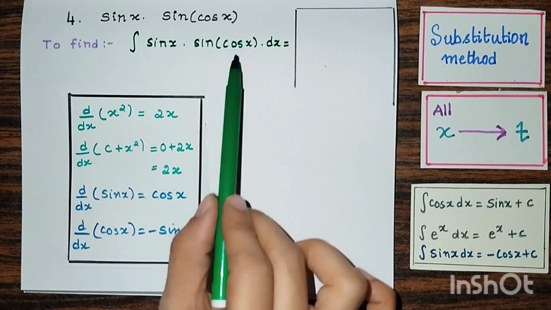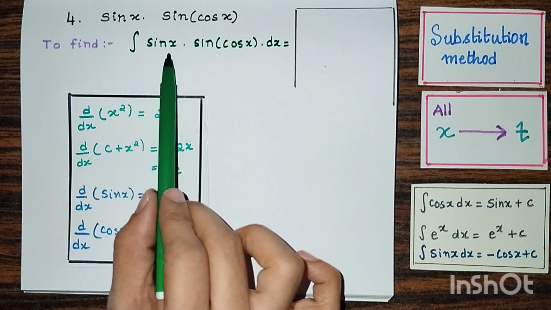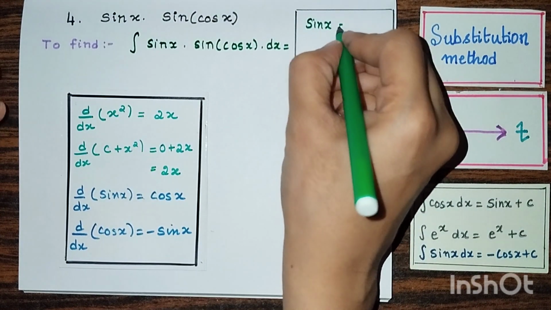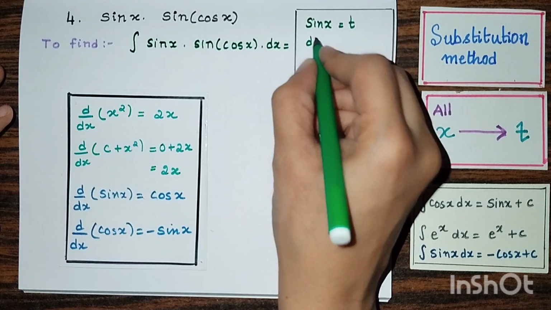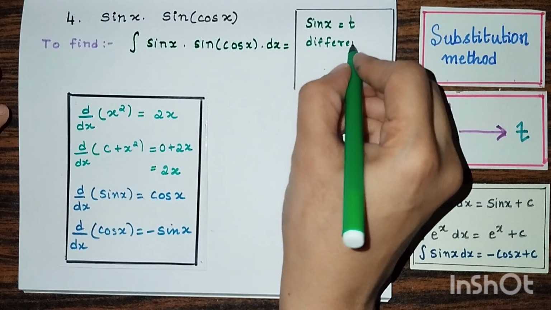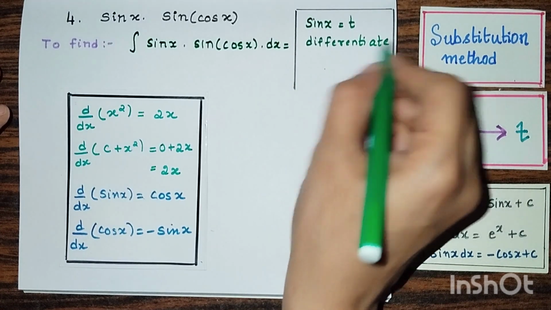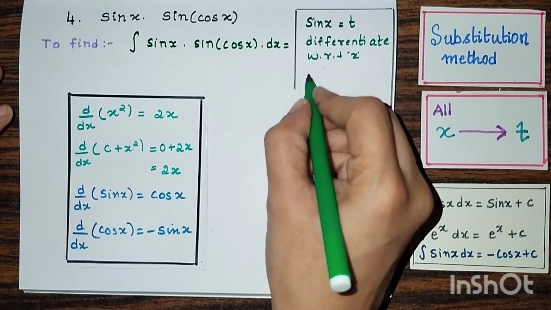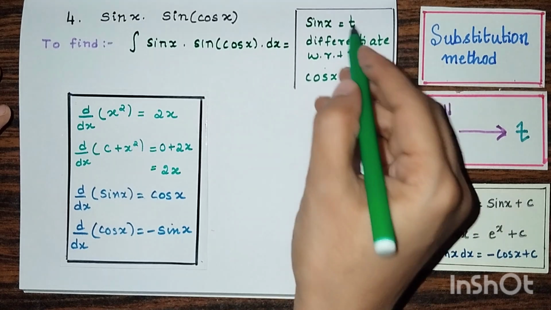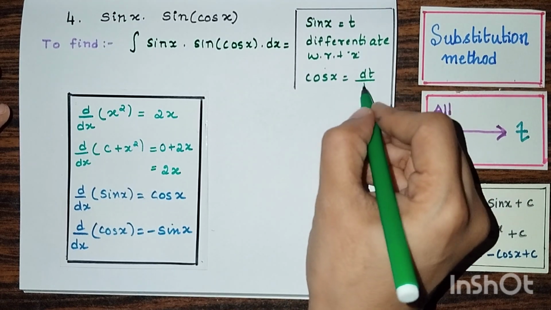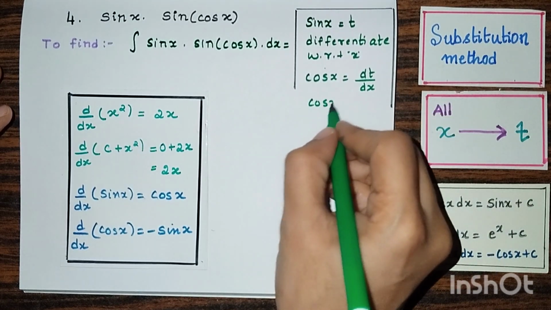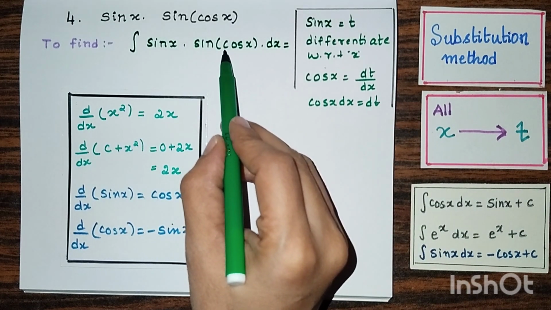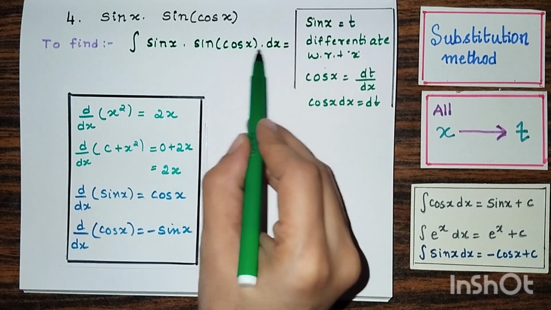Here if you take sin x is equal to t, let us just experiment once. Now you differentiate with respect to x. The derivative of sin x is cos x, and if you differentiate t, you will get dt by dx. Now this will be cos x dx is equal to dt. So you might think that cos x dx will be equal to dt, right?